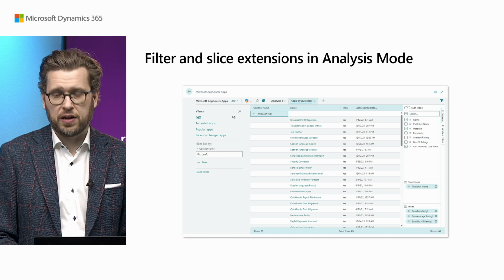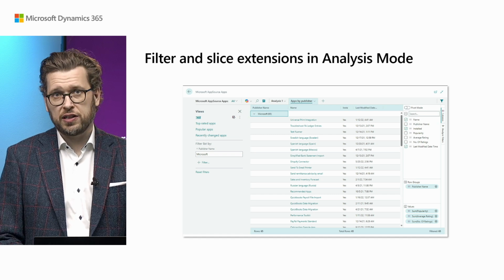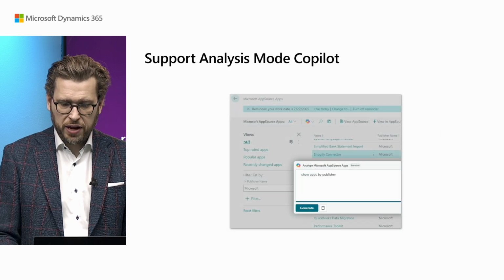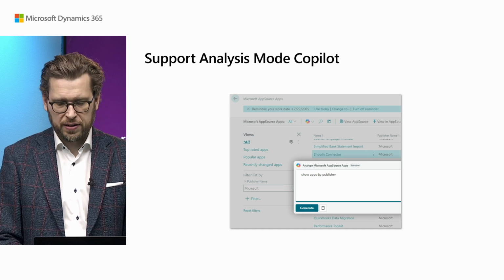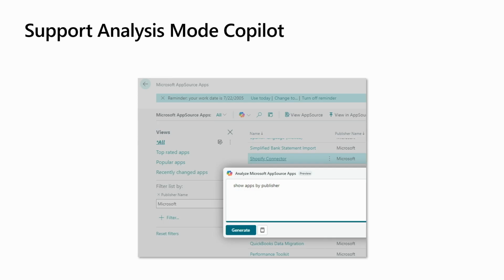And yes, I showed how you can filter and slice extensions in the analysis mode. You can even use the new Copilot experience for the analysis mode to just ask in natural language to help with how you want to view your extensions in the analysis mode. Maybe not the most advanced scenario, but it is supported.